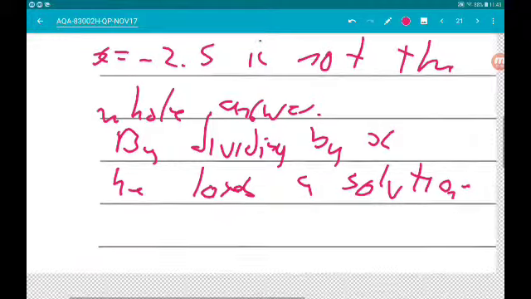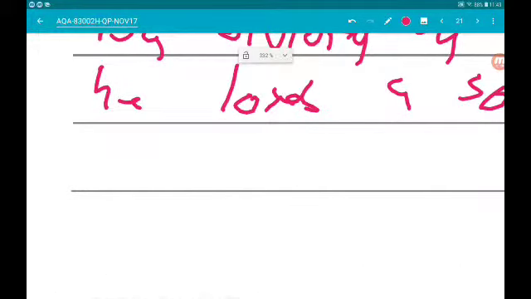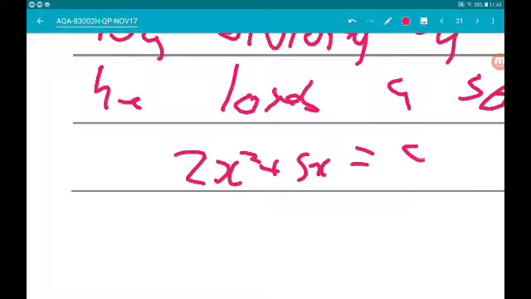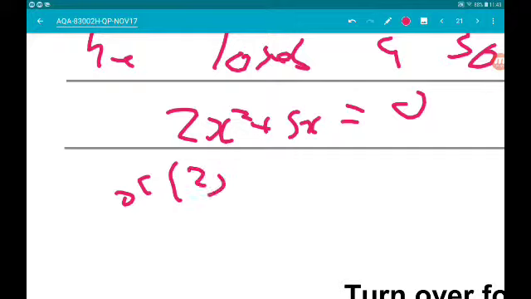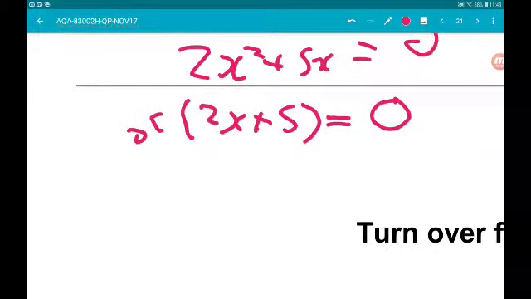So what he should have done is, when he had 2x squared plus 5x was equal to 0, he should have factorised. So he would have got x lots of 2x plus 5 is equal to 0. So then we get our two solutions from that.